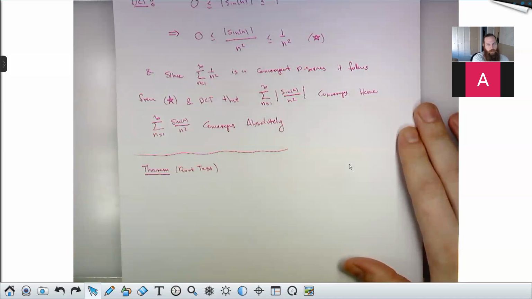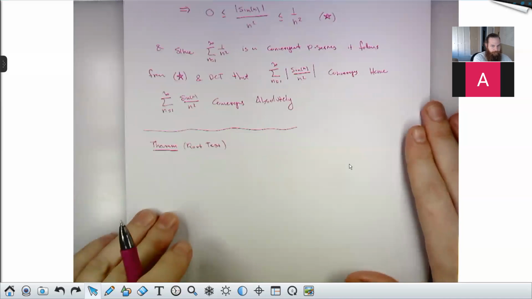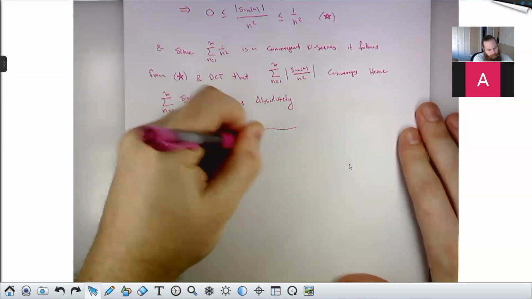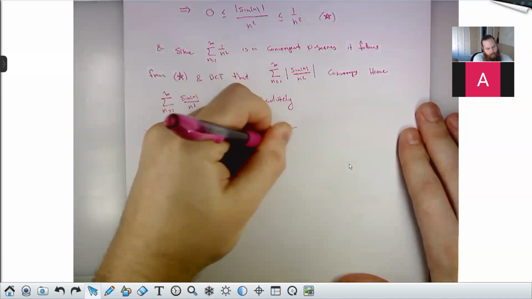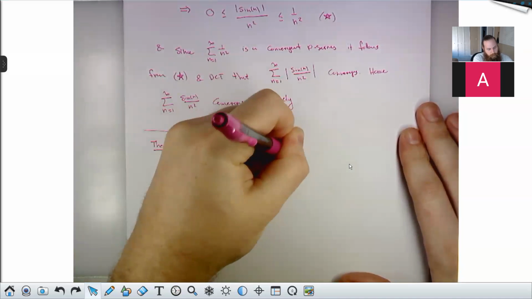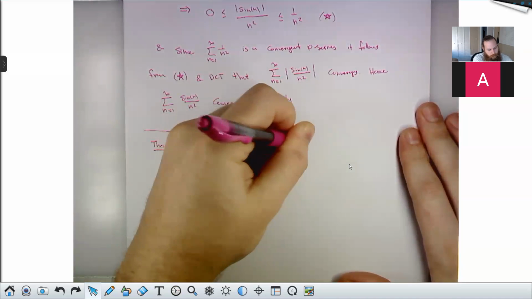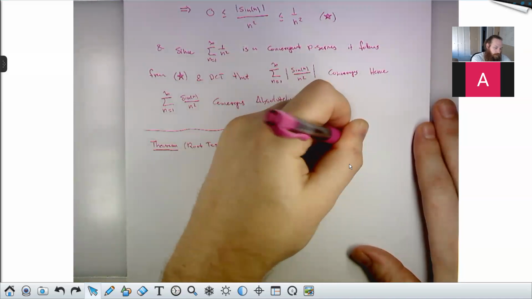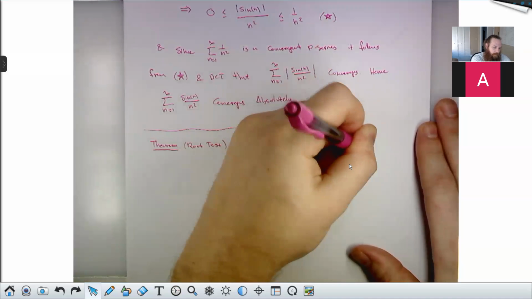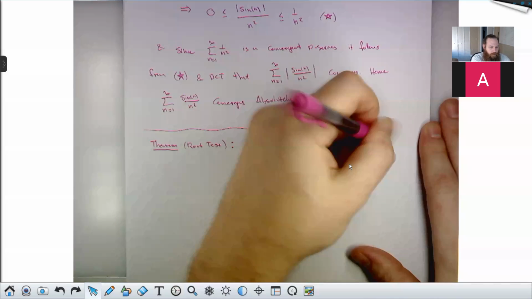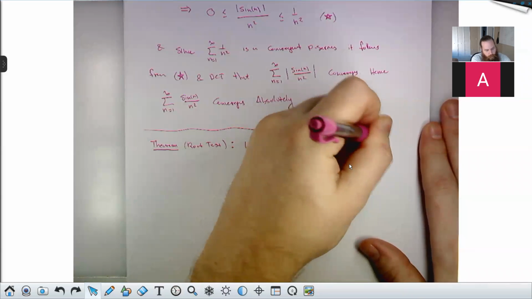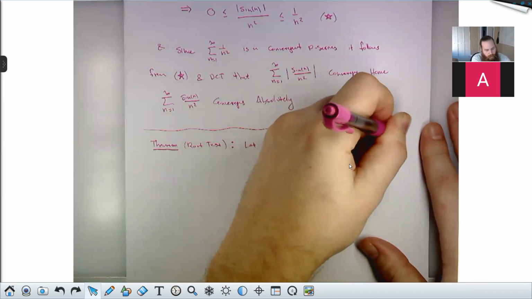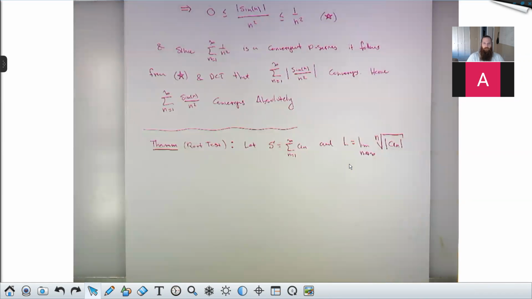This next theorem is called the root test. It says, let S be the sum of a_n summed from, I'll say, 1 to infinity. And let L be the limit as n goes to infinity of the nth root of the absolute value of a_n.